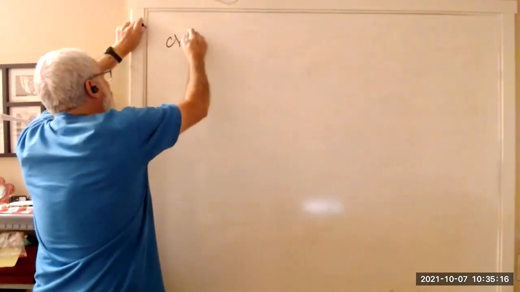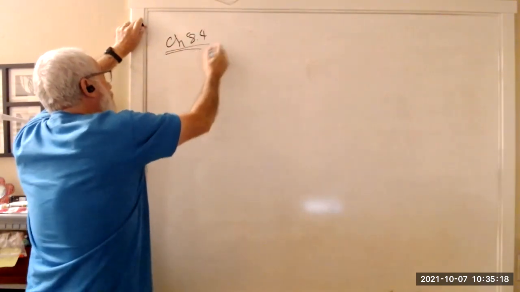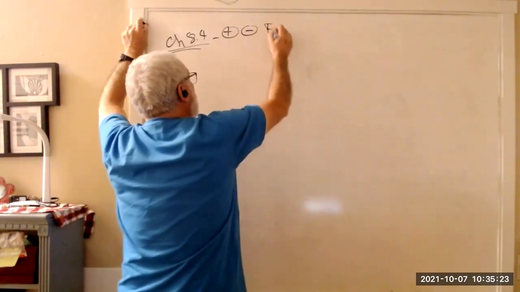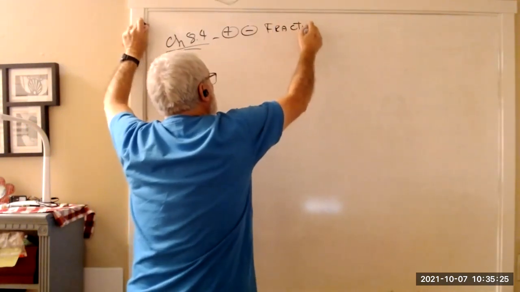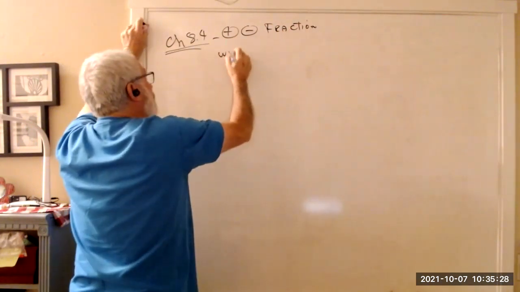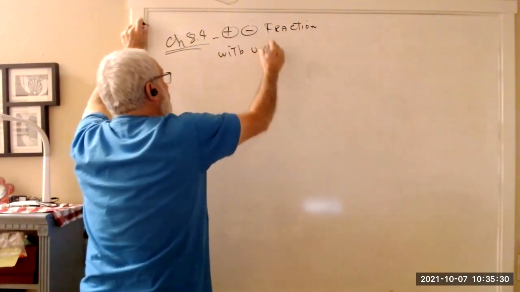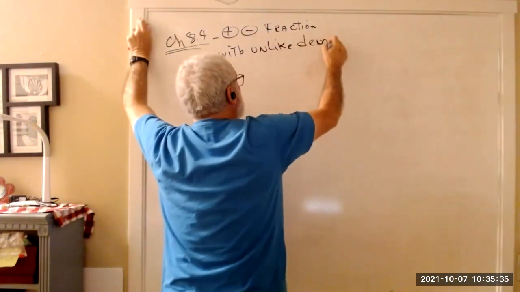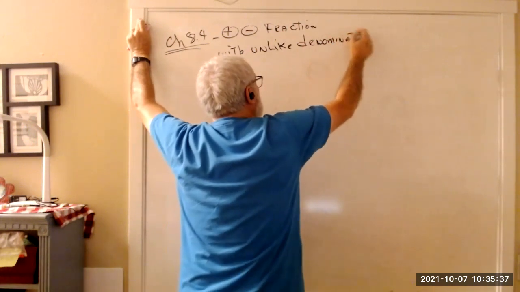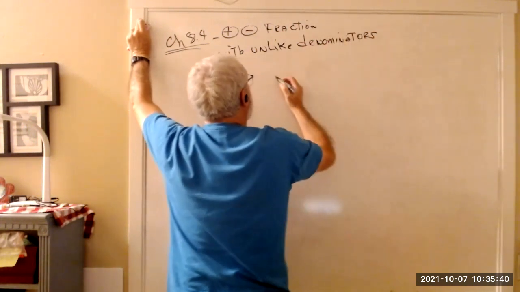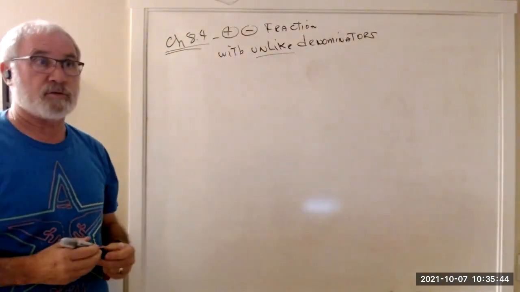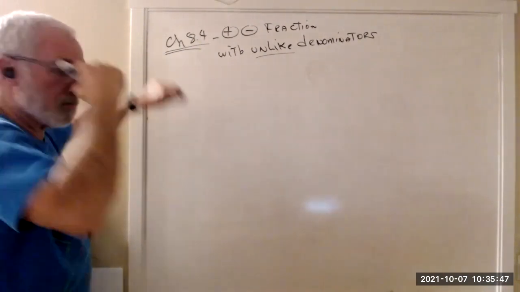Okay, so chapter 8.4, we want to add or subtract fractions with unlike denominators. Unlike means not the same. Remember, you can't. You can't, okay?